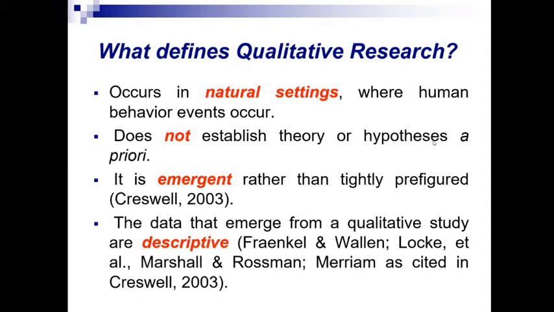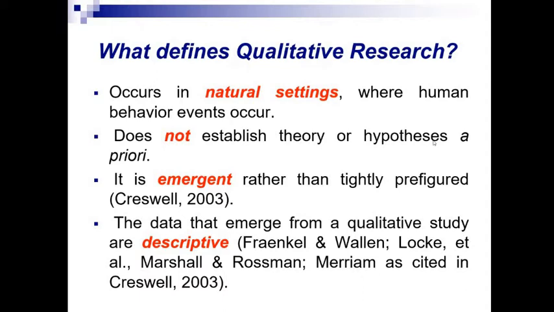You would actually realize in qualitative research that at the time when you are gathering your data, if you find that the data you collected are not sufficient enough, then you can actually go back to your participants and collect more data. Unlike in quantitative research where you cannot go back to the previous steps because things are considered to be tightly prefigured or preset.